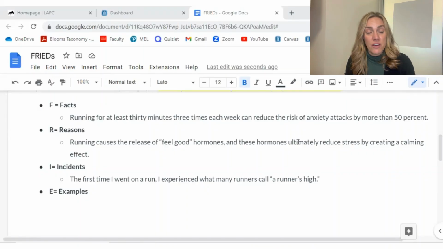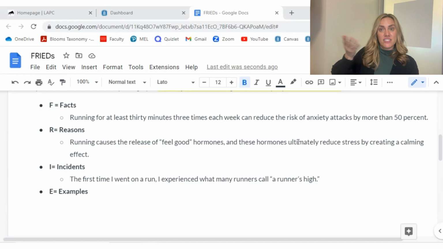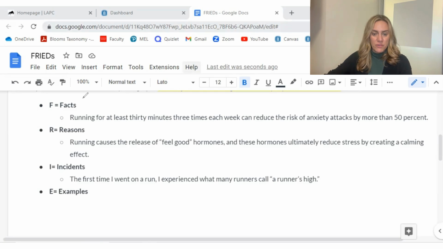I think it's important to say that facts are usually like statistics and numbers and things that require you to actually use a citation and explain where you got that information. But this is an example of a fact that actually supports the topic sentence. You can also use reasons. So here's an example of a reason.